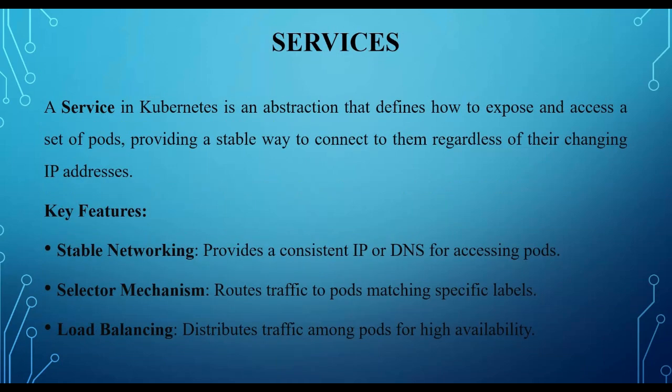The next is services. A service in Kubernetes is an abstraction that defines how to expose and access a set of pods, providing a stable way to connect to them regardless of their changing IP addresses. So a service is an abstraction.